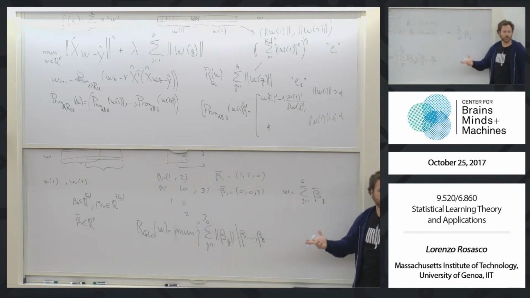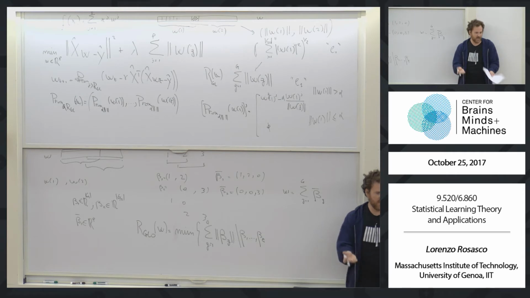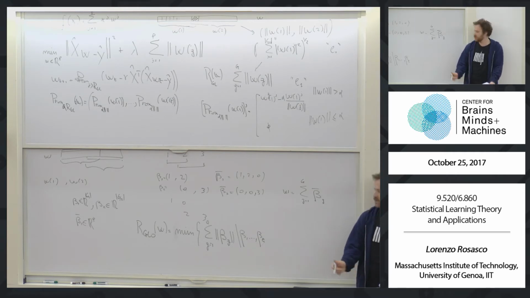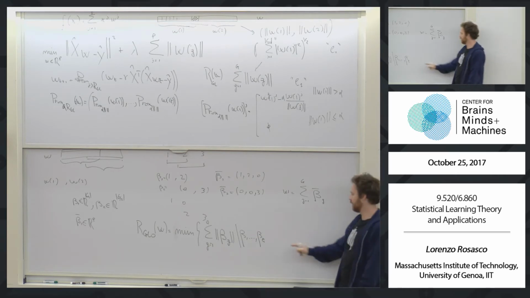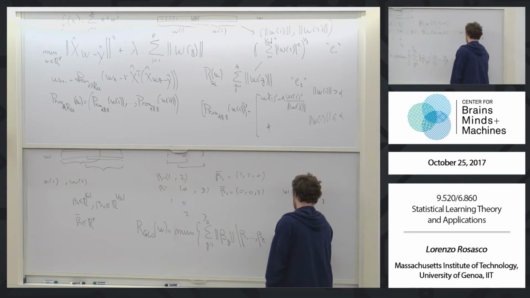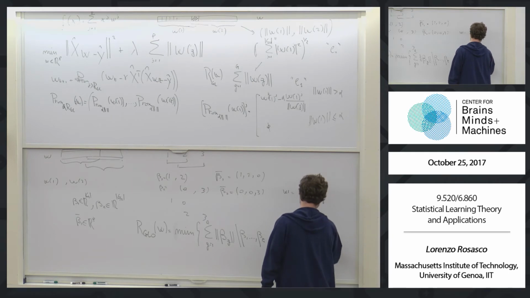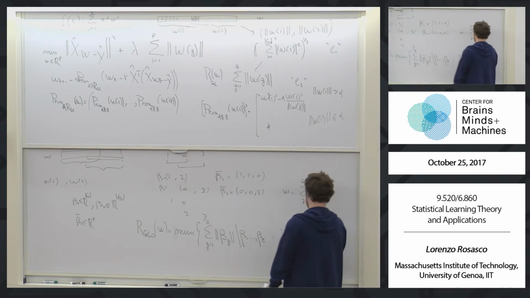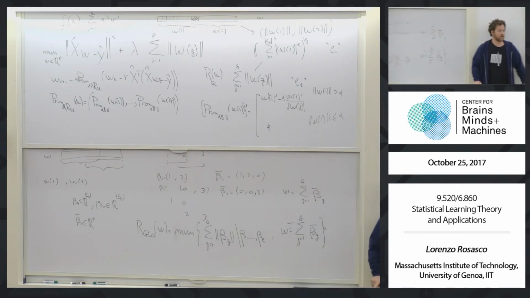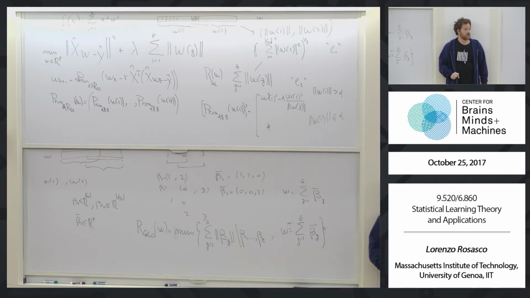But then I have to put a condition that says that these vectors b1 to bg are related to my w. And what is the condition? This one. That if you take and do the lifting of these vectors to the right dimension, if you pad them with zeros, they should give you the vector you care about. Does it make sense?